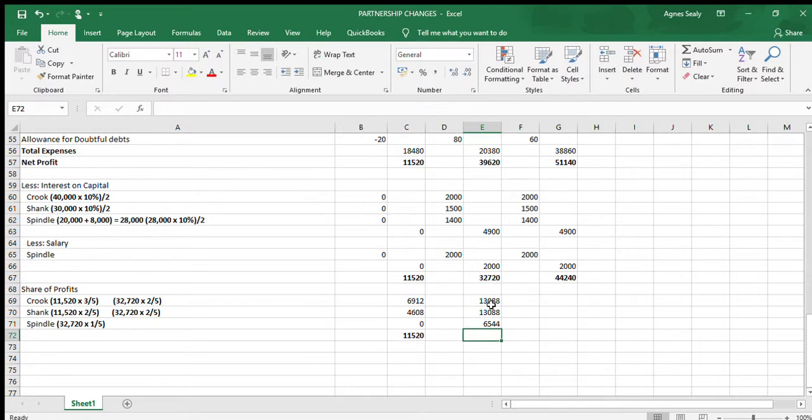So we will see that from October 1st until March 30th, Crook will get $13,088. Shank will get the same $13,088, but Spindle will only get $6,544 as their share of profits.